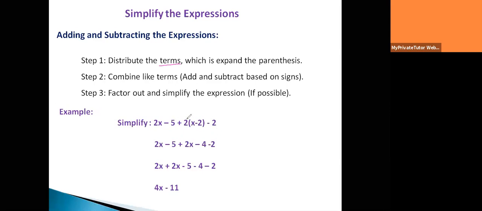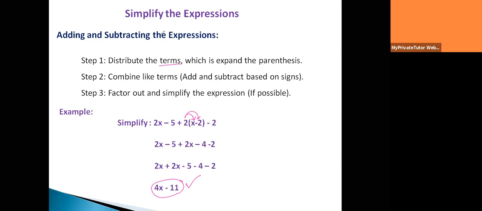We have a distribution here, so first I used the distributive property: 2 times x is 2x, and 2 times minus 2 is minus 4. Then I combine the like terms: 2x plus 2x, minus 5 minus 4 minus 2, which is minus 11. We can't simplify anymore.